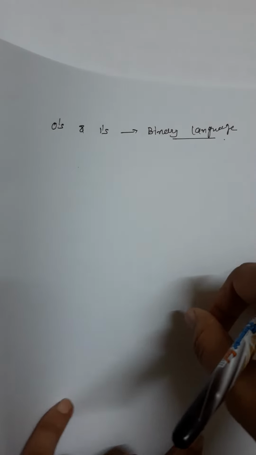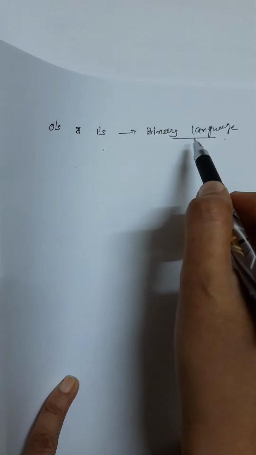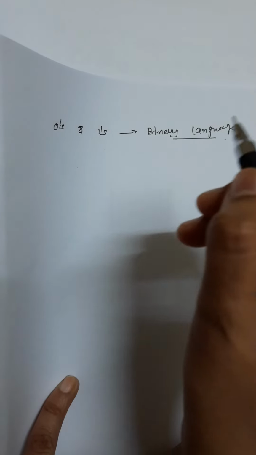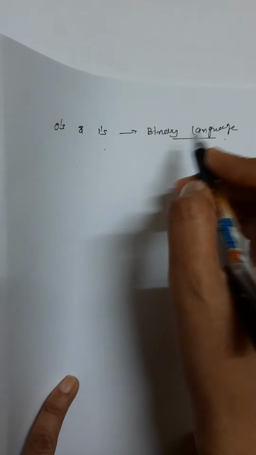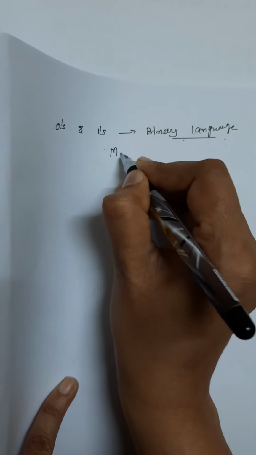Okay, so our computer only understands zeros and ones, and that zeros and ones is nothing but a binary language. As we all have our own native language, the same way the computer has its own native language, and it's called binary language, right? And it is also called machine code.